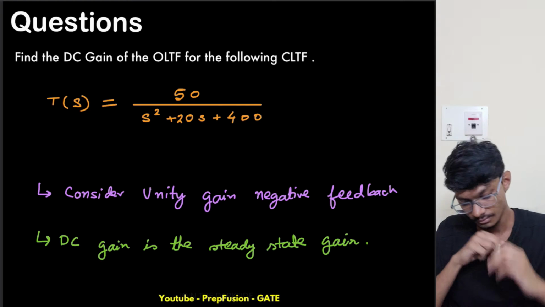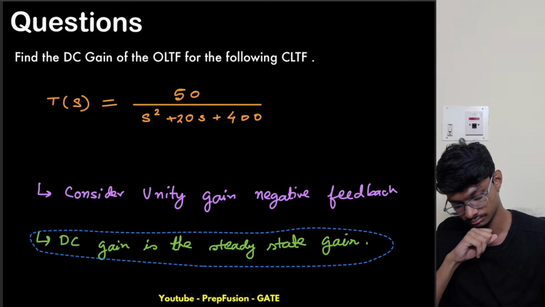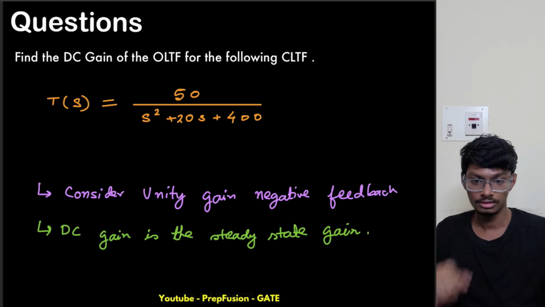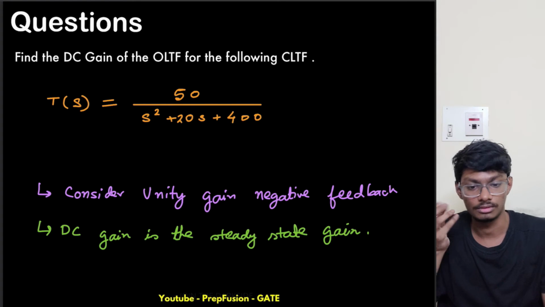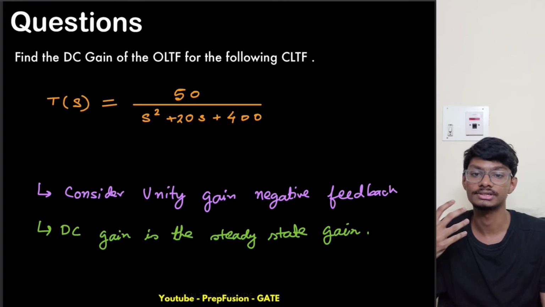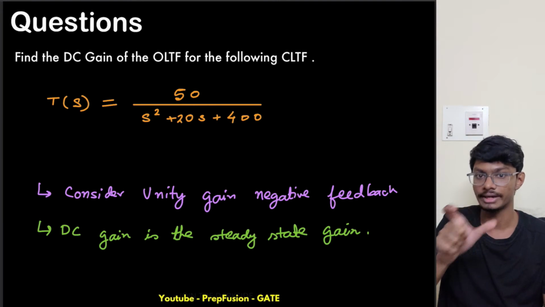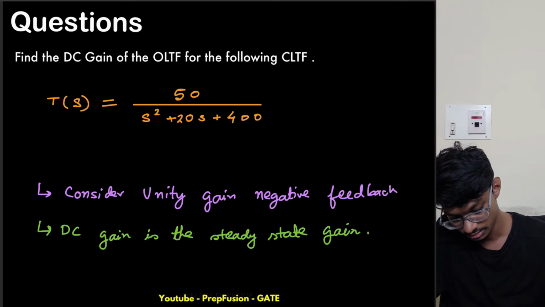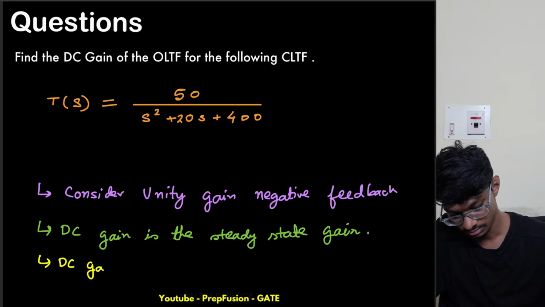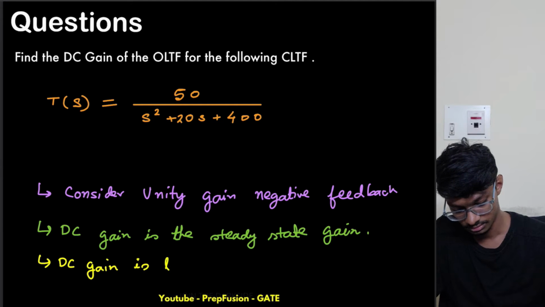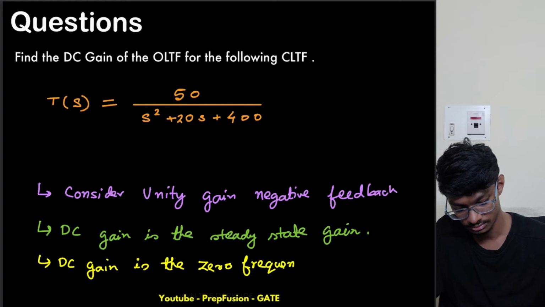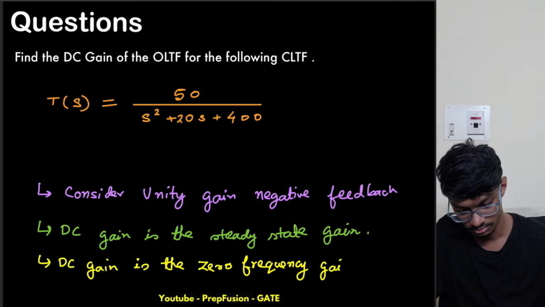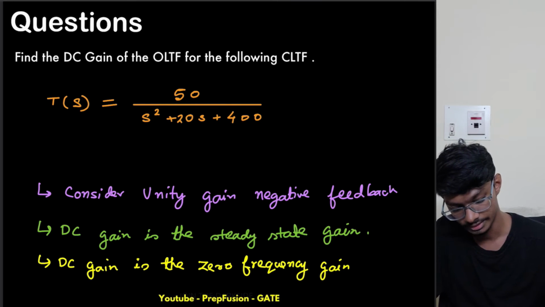Now this is the broader definition, but DC gain also means the zero frequency gain, but for a type 0 system. So we'll write that here in another color, a bit smaller.